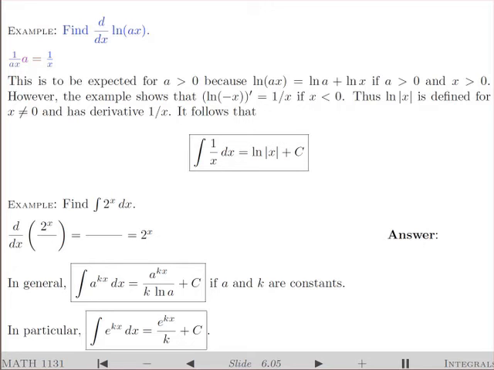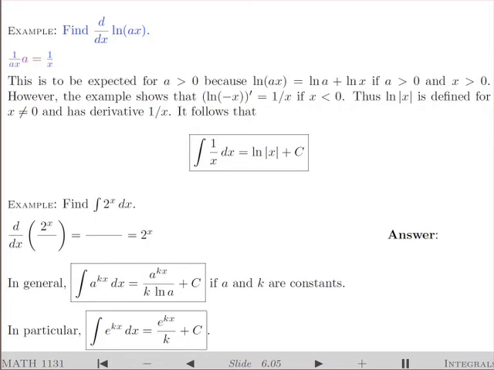But we can get an antiderivative for the combined intervals. So you take the domain consisting of the two separate intervals, then you just take the function which is defined to be one or the other depending on the interval. That will be an antiderivative for the original function over the combination of the intervals.